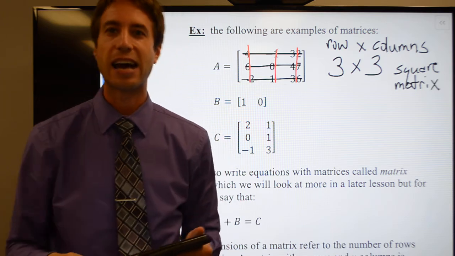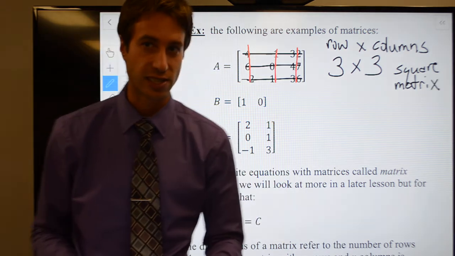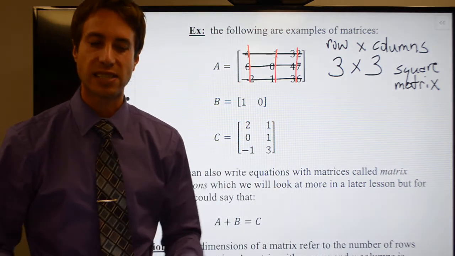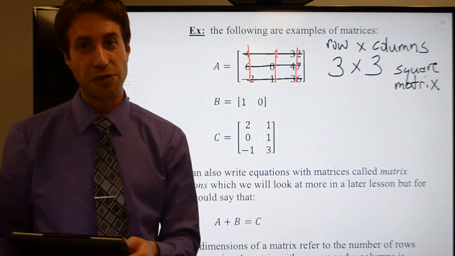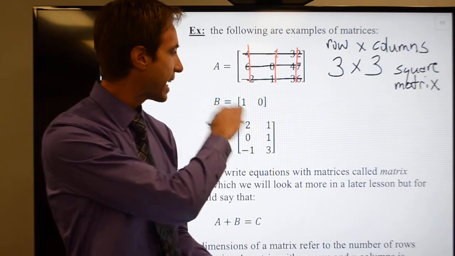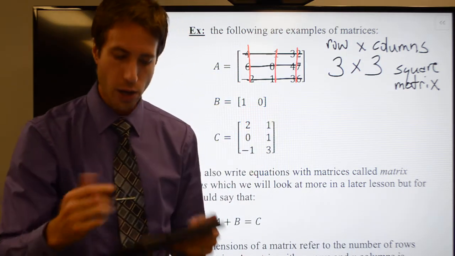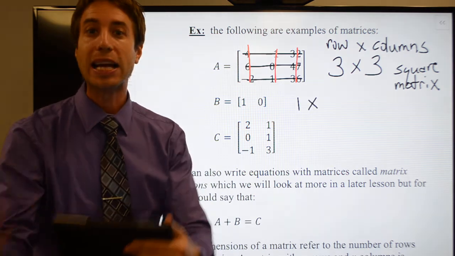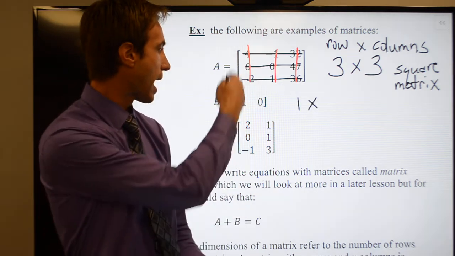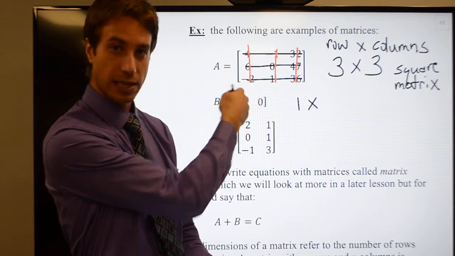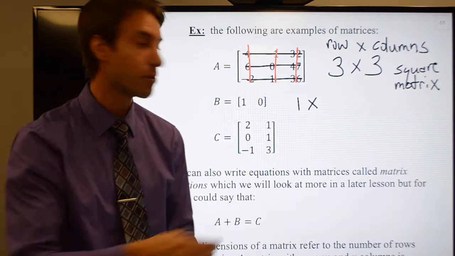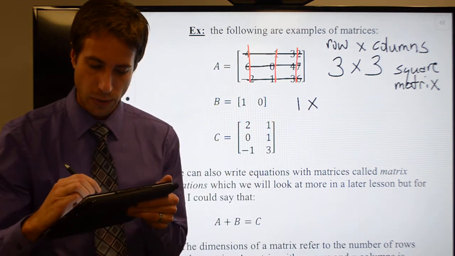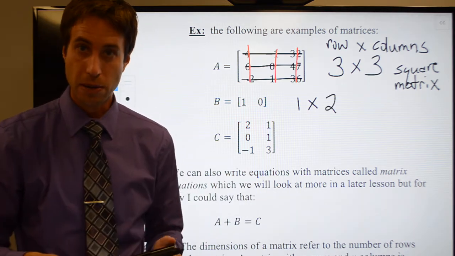We'll talk about that a lot more in just a second, but let's try another one. Again, I want to figure out the dimensions of this one. We always do rows first, then columns. It looks like I have 1 row of numbers, so this matrix would be 1 by, now I need the number of columns. Well, I have that element, which represents a column, and then the 0 represents a second column, so that would be a 1 by 2 matrix.